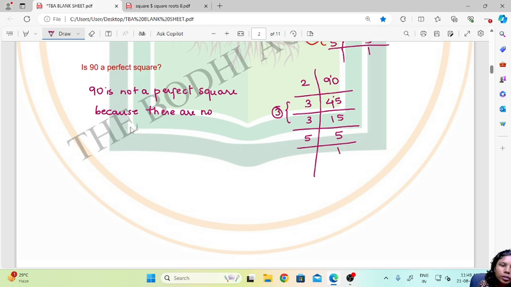No pairs formed. Understood? So if by prime factorization, a number is not able to form pairs of any two numbers, then in that case we can also say that the given number is not a perfect square number.